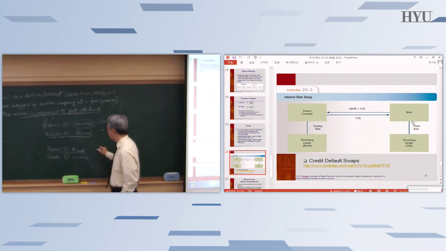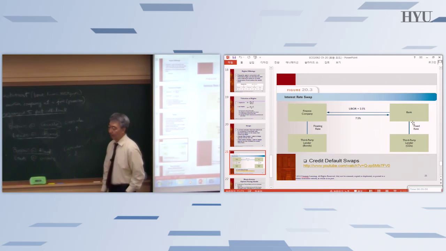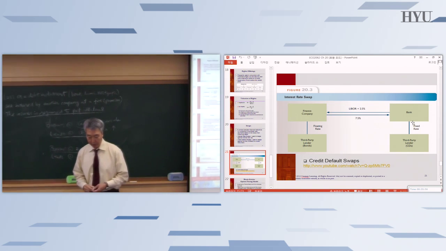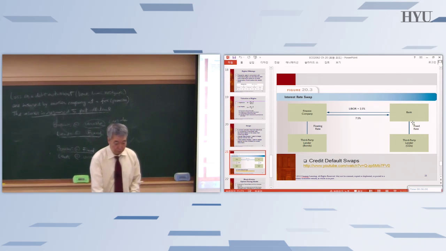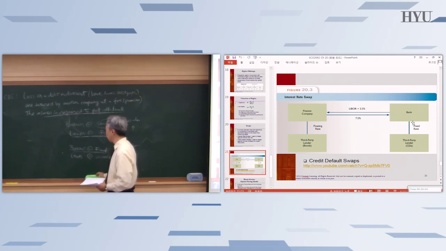So this company loses when the interest rate goes down. So if you have this kind of situation, then these two companies can come to some sort of agreement to reduce the risk or eliminate the risk, perhaps.